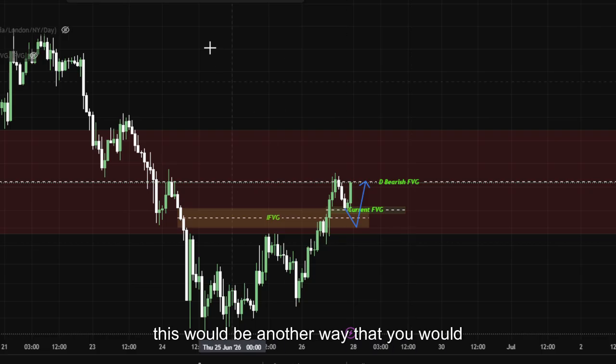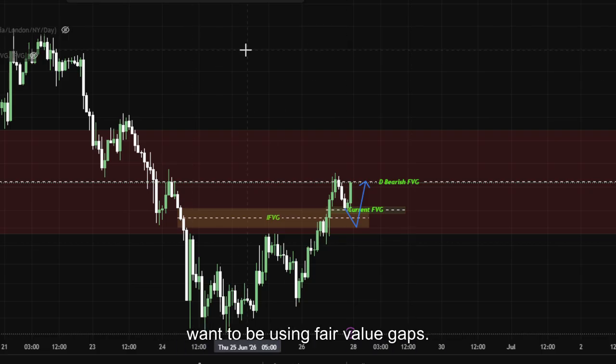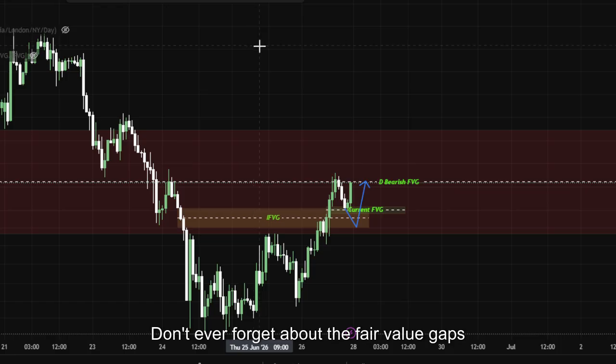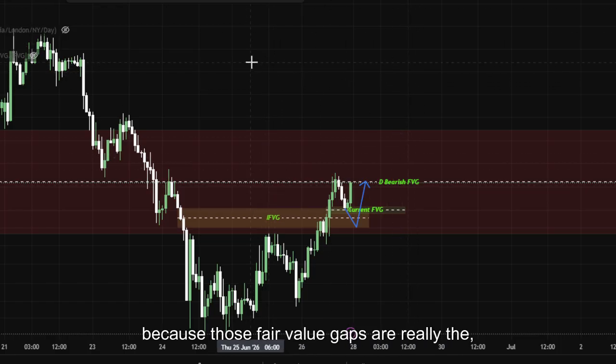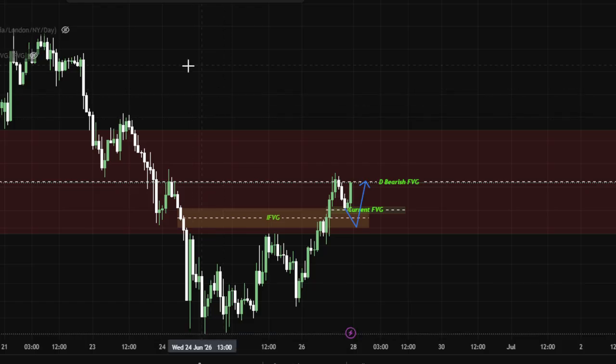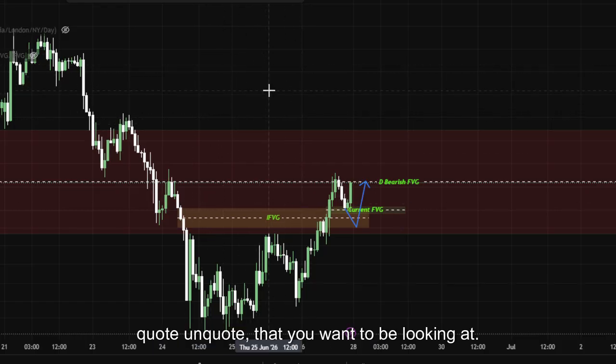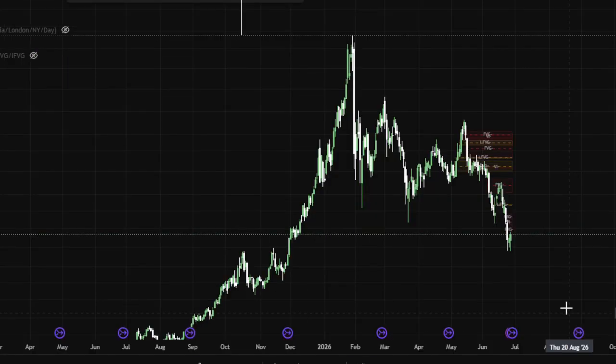So yeah, this would be another way that you would want to be using fair value gaps. Don't ever forget about the fair value gaps on the higher time frames, because those are the primary bosses, quote unquote, that you want to be looking at.